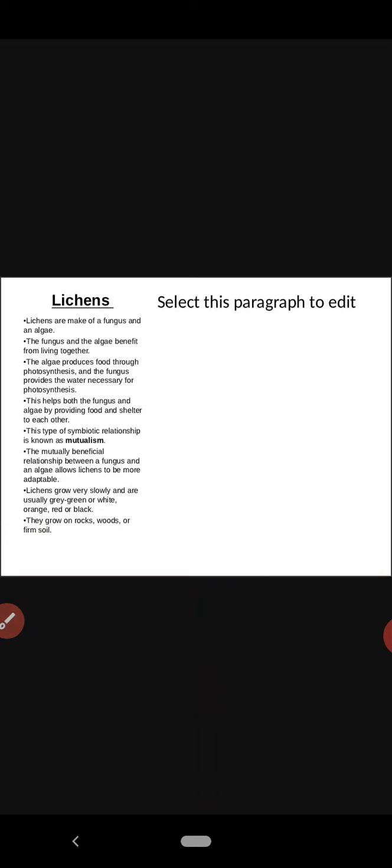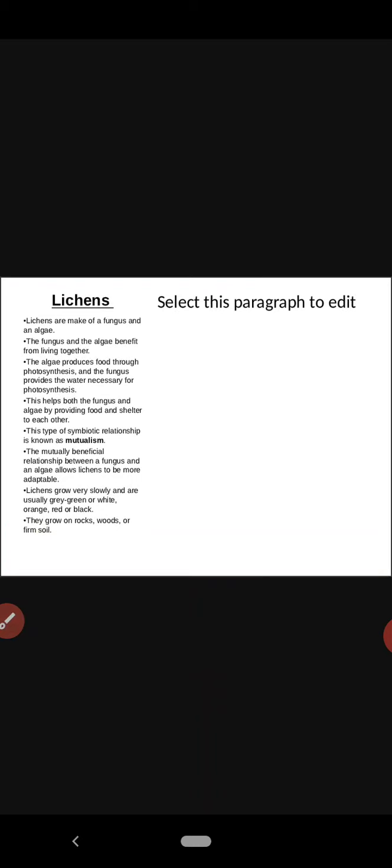So one is providing food, another is providing water and shelter, and they come together helping each other. This type of symbiotic relationship is known as mutualism. Mutualism means they stay together, helping each other, not harming. They help each other 100% to survive in a hard situation.